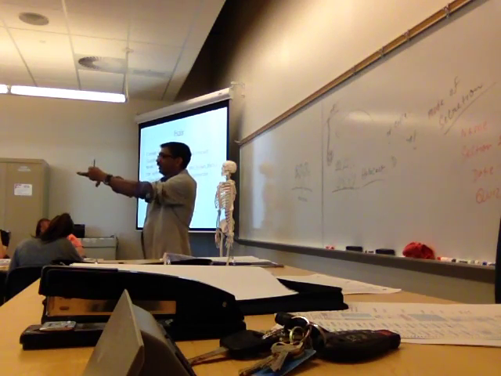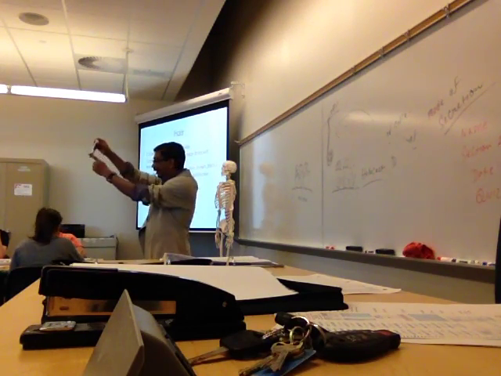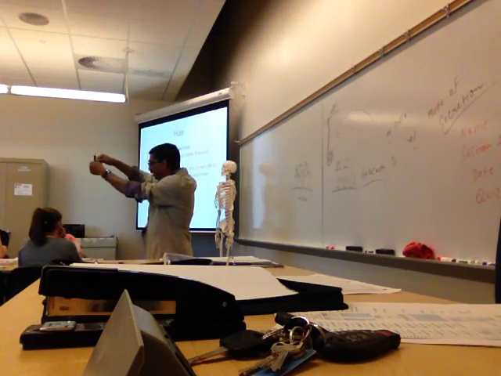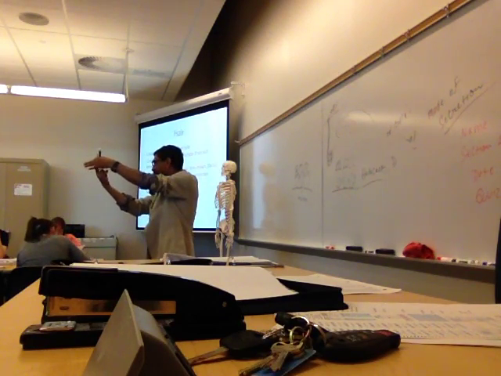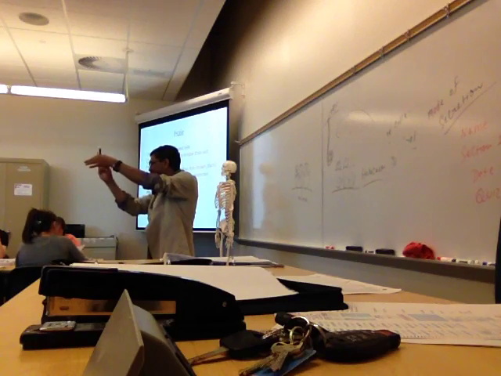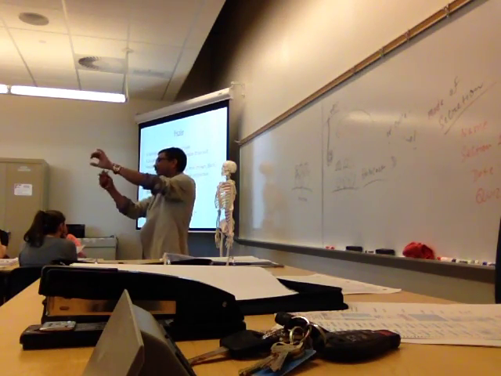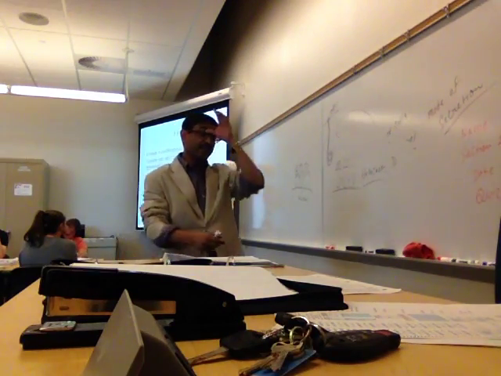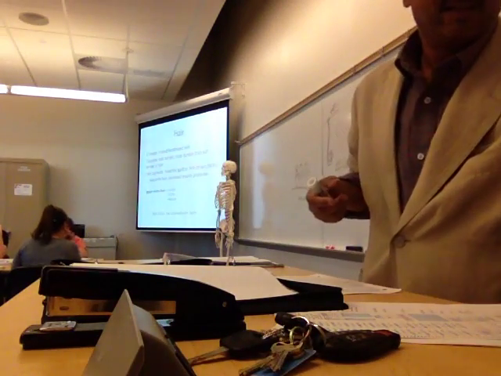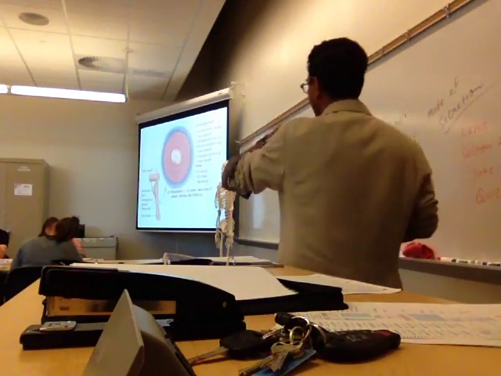If you cut here, inside you will see the shaft, because the shaft goes in like this. So inside the follicle you will find the shaft with those three structures, but around that shaft you will find other structures. We'll see the additional structures around the shaft in the follicle.